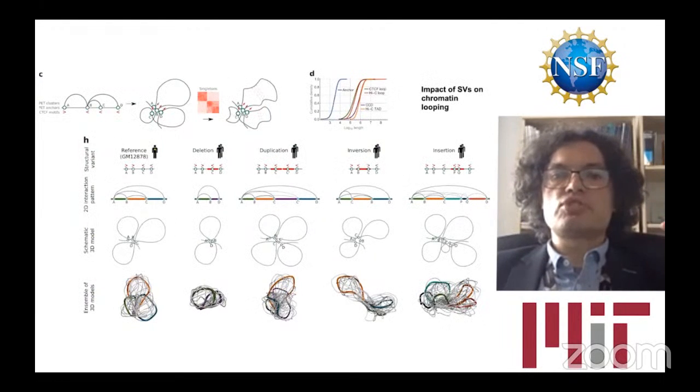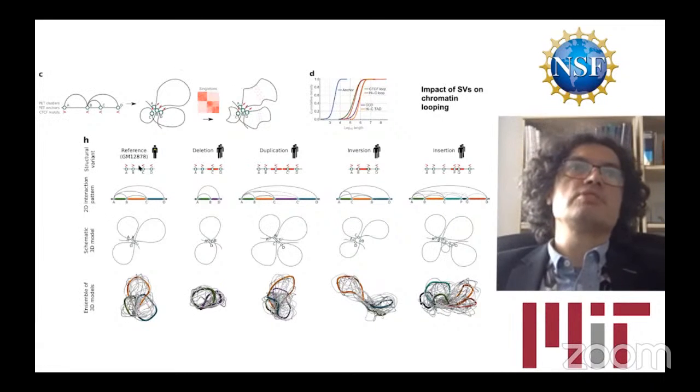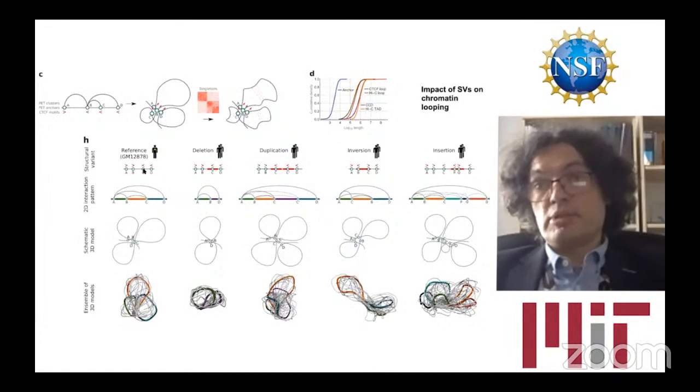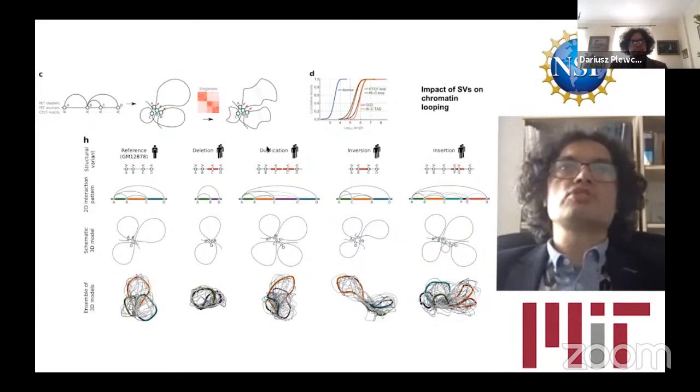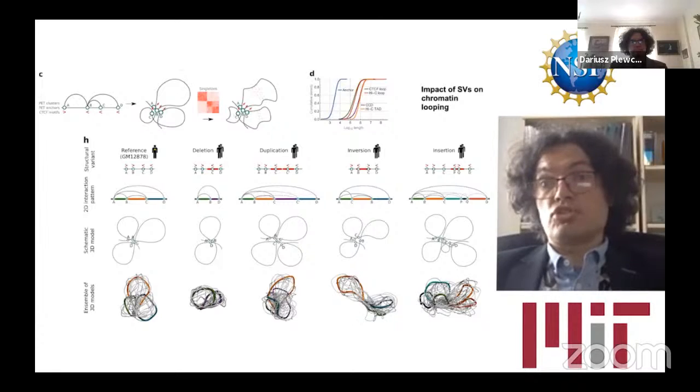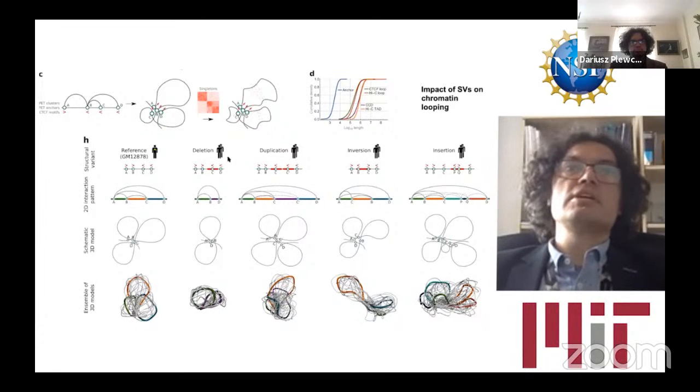This is the slide which shows how we do the 3D modeling across the population. Based on a reference 3D structure and the chromatin looping, which is identified by the ChIA-PET experiments, in this case CTCF and RNA-Pol2 ChIA-PETs, each structural variant, so the change of the DNA sequence, is being mapped onto the reference 3D structure.